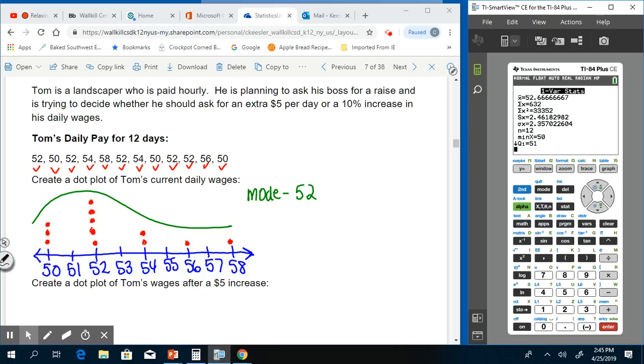So we know from there that our mean, which is the x with the line above it, is about 53. And if we scroll down, our median is 52.